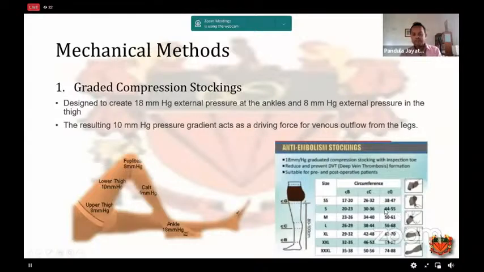So this stocking has to be selected according to the patient's height and the size of the limb. So always you have to measure the size and then give the proper size for the patient. Otherwise, if it is too tight, it will cause damage. If it is too loose, there won't be the expected result.